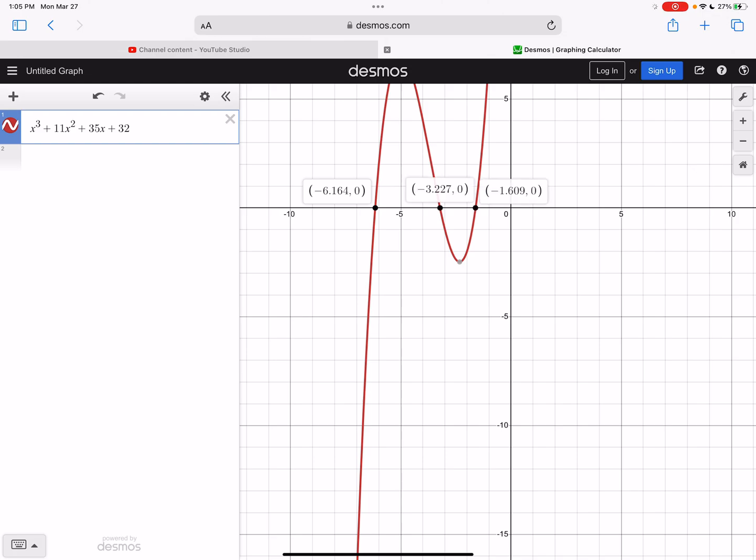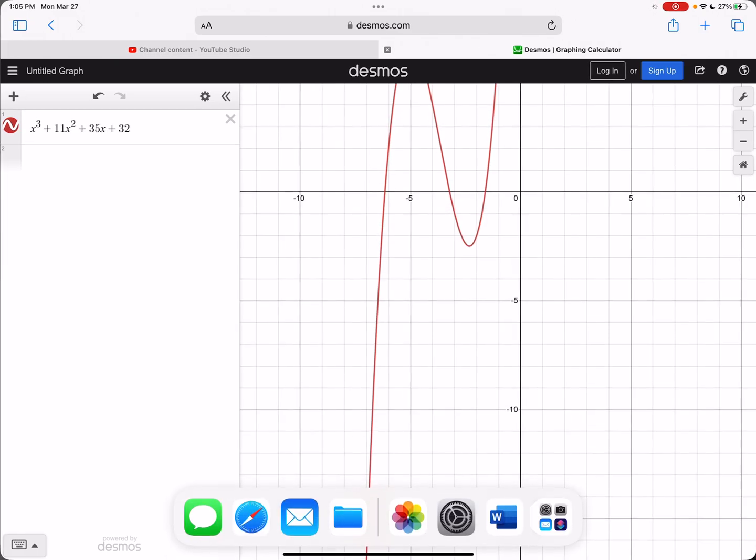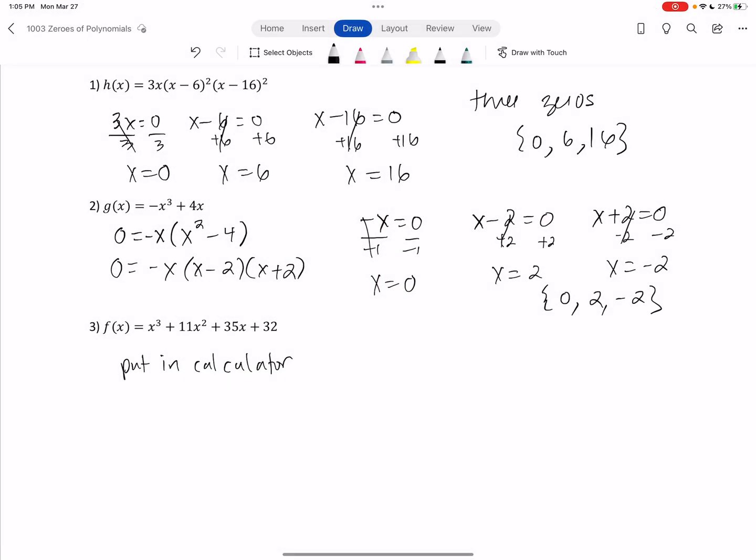So what I see is that there are three x-intercepts, and these are approximations. This one wasn't factorable; I couldn't have done a factoring of this one. So I see three approximations of the zeros: negative 6.164, negative 3.227, and negative 1.609.